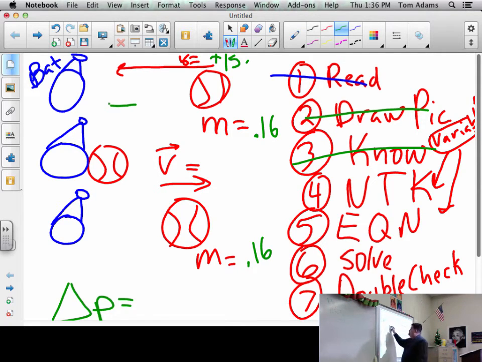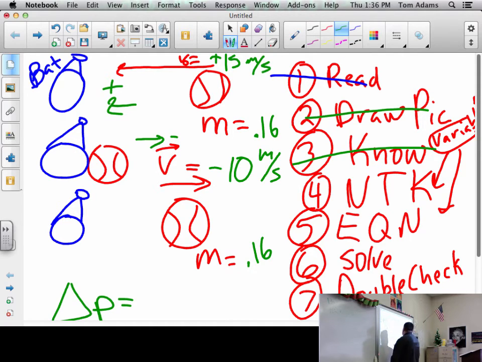In other words, when the ball's going this way, it's going to be positive, and when the ball's going this way, I'm going to assign it a negative direction. And I could do that. Now, I purposefully did it backwards, because normally this way is positive and this way is negative. And that's okay. The numbers would work out the same either way.